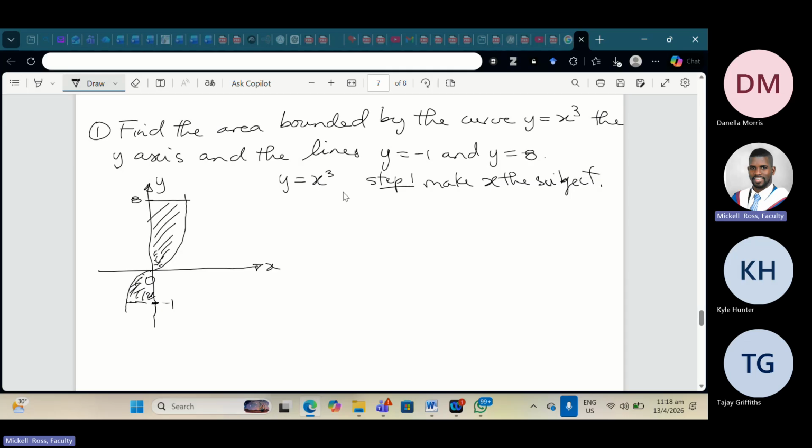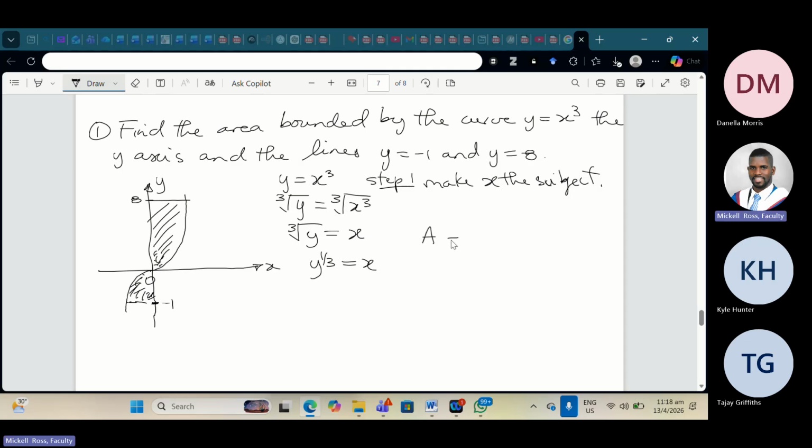So we need to get x by itself. We need to take the cube root of both sides. The cube root will cancel with the cube, so you're going to get x is equal to the cube root of y. Another way of writing this is y to the 1/3.